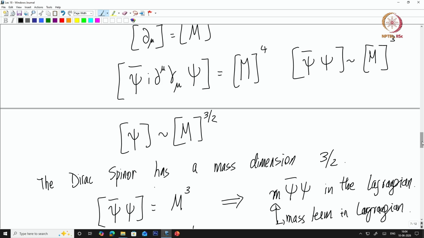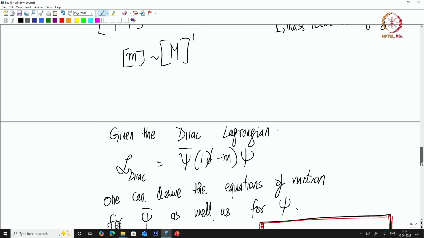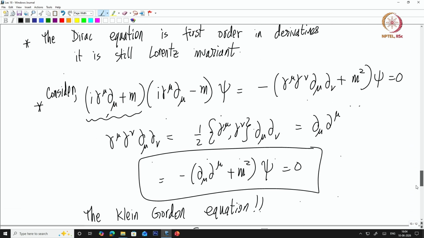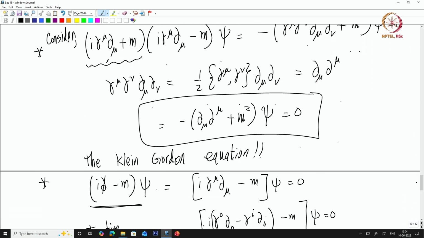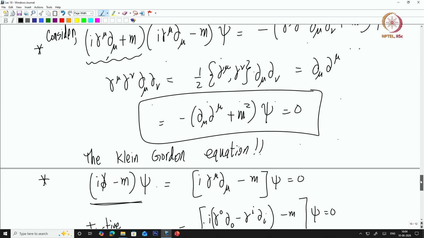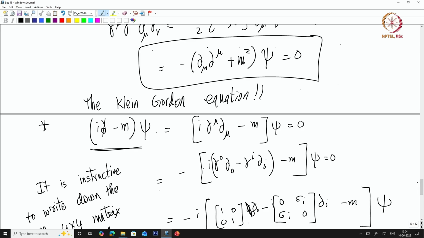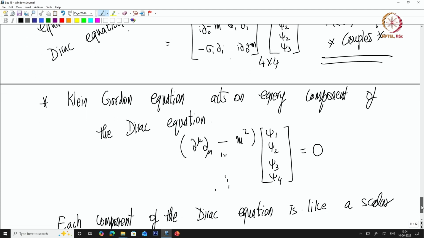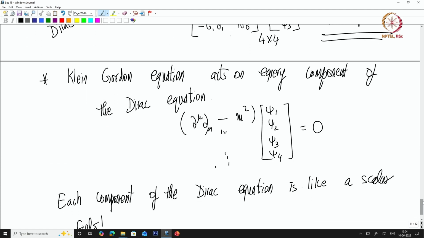Meanwhile, we fixed the dimensions of the Dirac field to be 3 halves in 4 dimensions, and then we started looking at some properties of the Dirac equation, like for example, it is first order in derivatives. Then we said that the square of the Dirac equation should give me back the Klein-Gordon equation, and the Dirac equation itself is a complicated equation which is a 4 by 4 matrix.